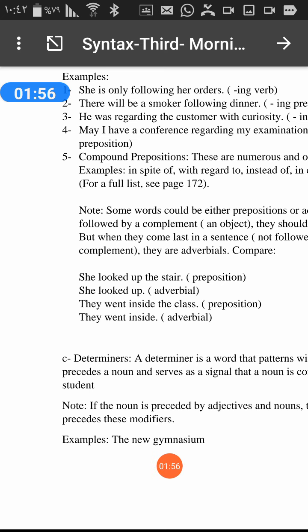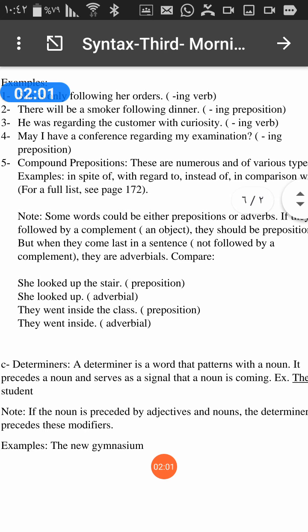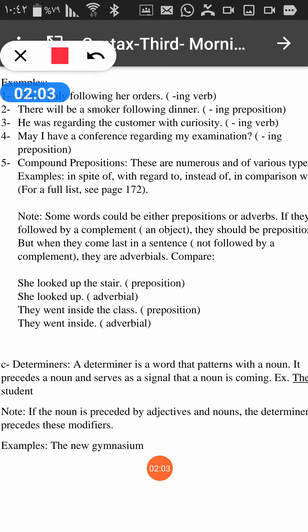In this example, she looked up the stair, here up is a preposition. Why? Because it is followed by the complement, which is the stair. But once again, in the second example, when we say she looked up, here up is an adverb because it is not followed by a noun.